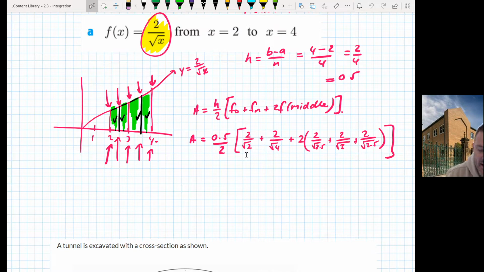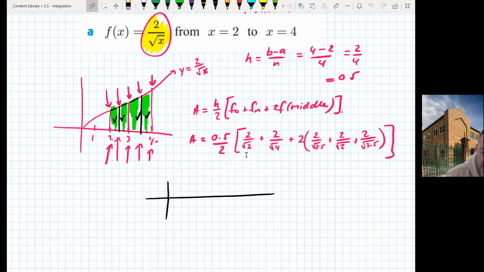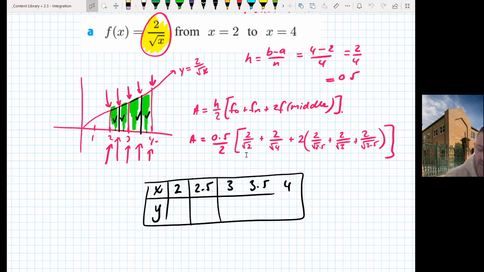Technically speaking, my x values, my y values, 2, 2.5, 3, 3.5, and 4. And you can see now by using 5 values, 1, 2, 3, 4, 5, it creates those 4 sub-intervals. And then all I'm doing to get my y value, of course, is subbing in the x value. And this is what it would look like in table form.